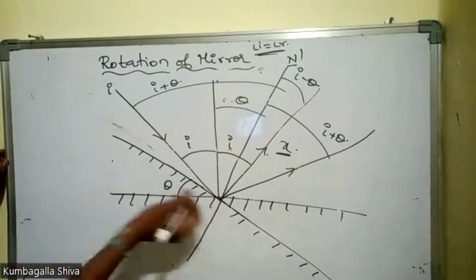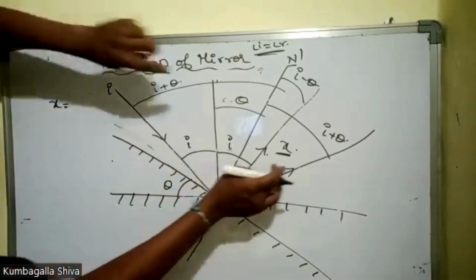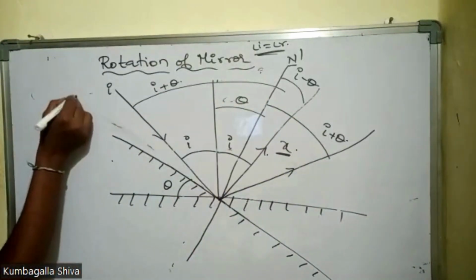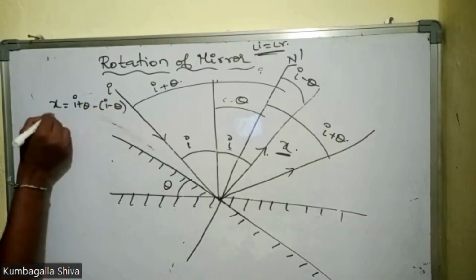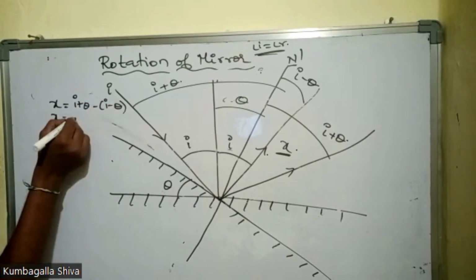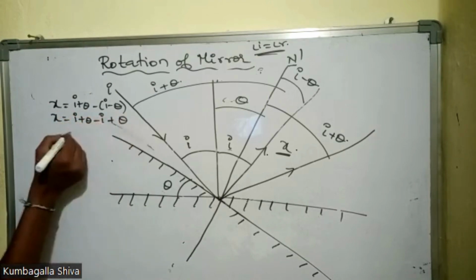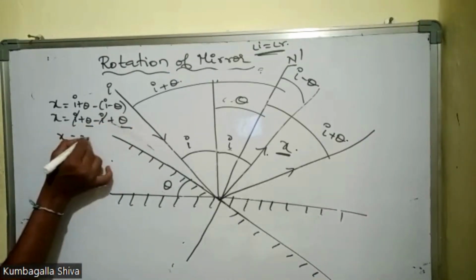Now I can do simplification: x is equal to I plus theta minus of I minus theta. I get x is equal to how much? I plus theta minus I plus theta. So plus I minus I cancel, theta plus theta, I get x equal to 2 theta.